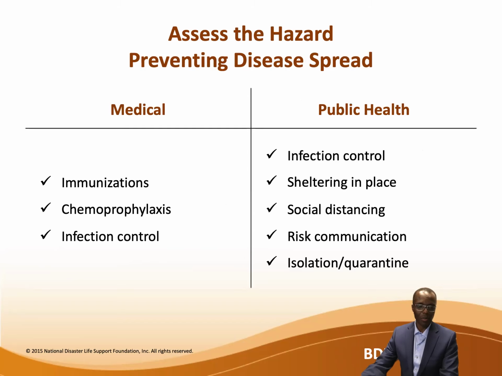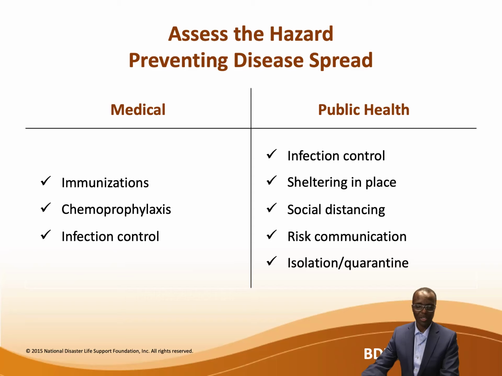Disease spread requires many actions on the part of the public health and the medical community. These can be divided into medical and public health interventions. Medical interventions include immunization, chemoprophylaxis, and infection control, such as provider infection control steps and patient actions such as respiratory protection, i.e., patients wearing masks.